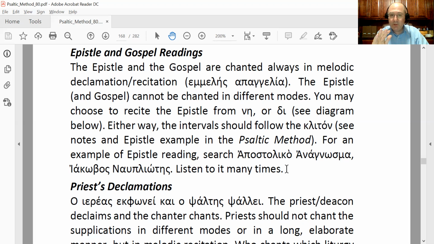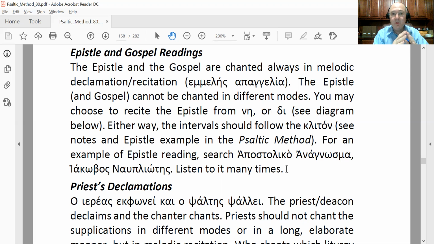You are following the scale of Gliton. You remember that when we taught the epistles, the apostolos? And you always read the stichos in exactly the same formula way.